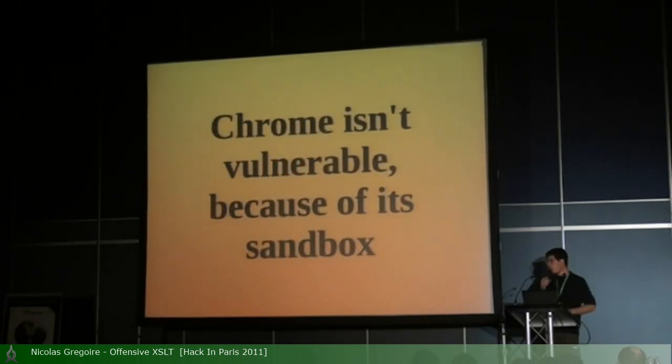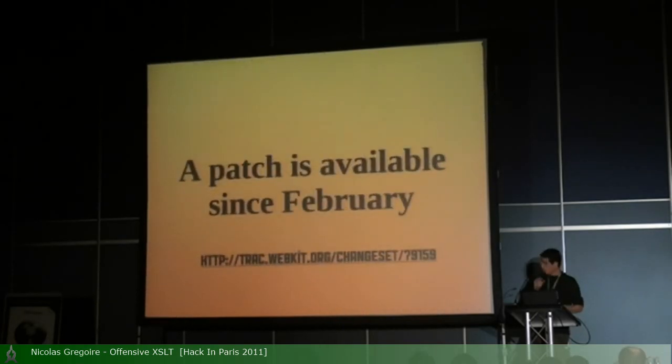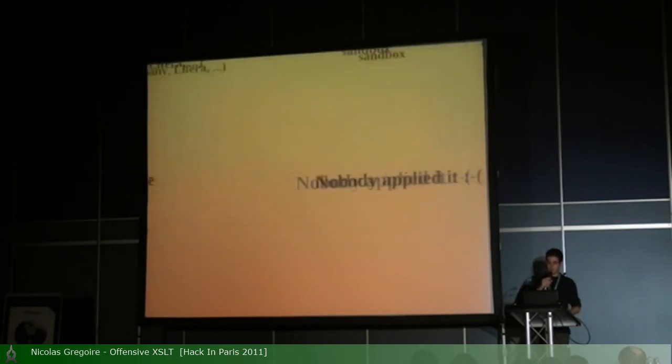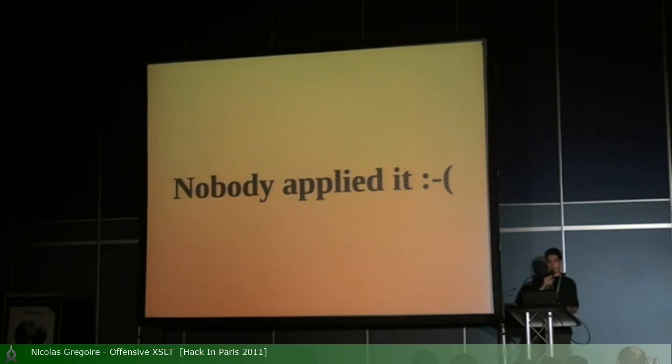Chrome is not vulnerable, even if it uses WebKit, because of the sandbox, which will restrict file access to the file system. So it's a good thing. Defense in depth is always a good thing. A patch has been available since February. As far as I know, nobody applied it.